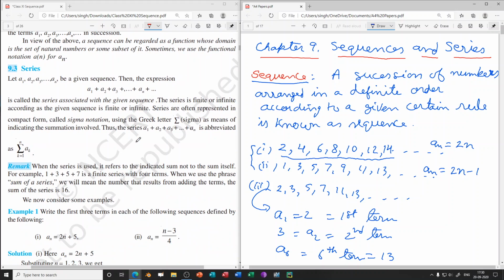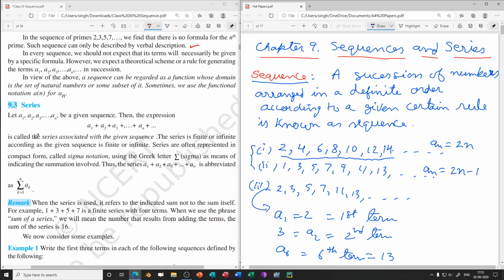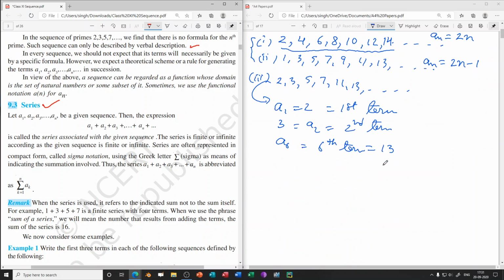Now next let us go for series. What is a series? Let a1, a2, a3 so on to an be a sequence, then the expression a1 plus a2 plus a3 plus so on plus an, and so on if it is infinite, is known as a series. And in a series, it doesn't mean that we have to go on adding them.